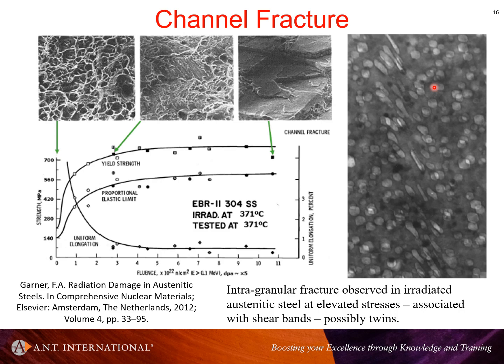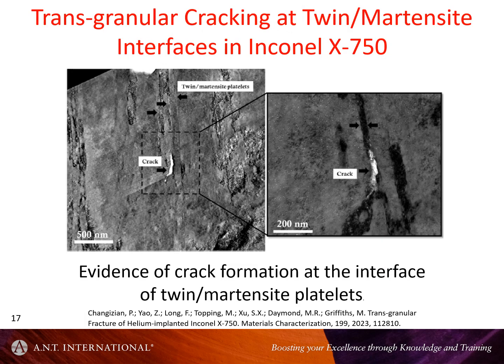So I think there's another explanation for this in this particular case, and that is that there are platelet-like precipitates in many austenitic alloys. So again, here's an example from Inconel 750, where we also saw transgranular cracking, and Puyan did a really good job on showing examples where the cracking was observed at its early stages in a tensile specimen.